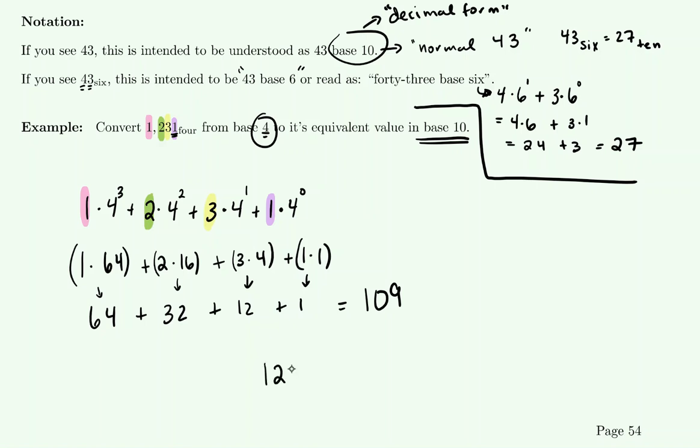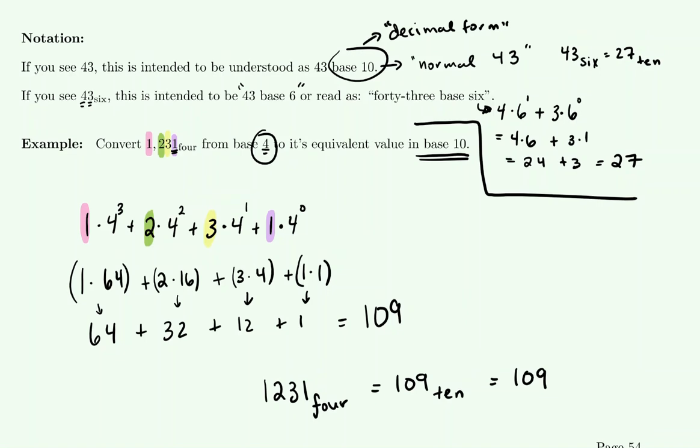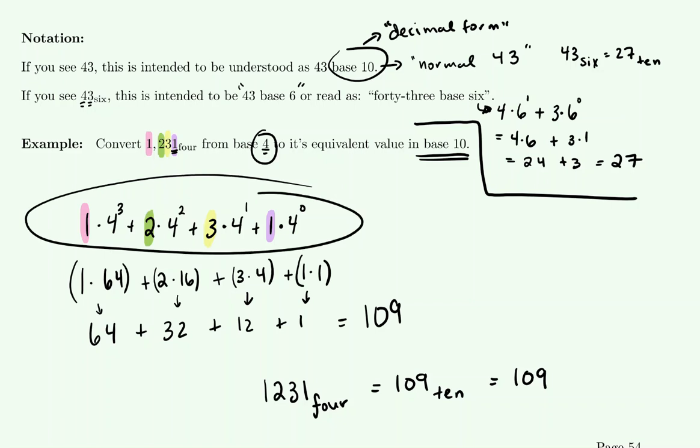So 1, 2, 3, 1 in base 4 is equal to 109 in base 10, or we could just write this as 109 because whenever there's no subscript of a base value written, that's implied to be base 10, our normal system. Now in this example, it's important to note that we are going from a non-standard base back to base 10, and we do so by writing out the expanded form of the number in the proper base.